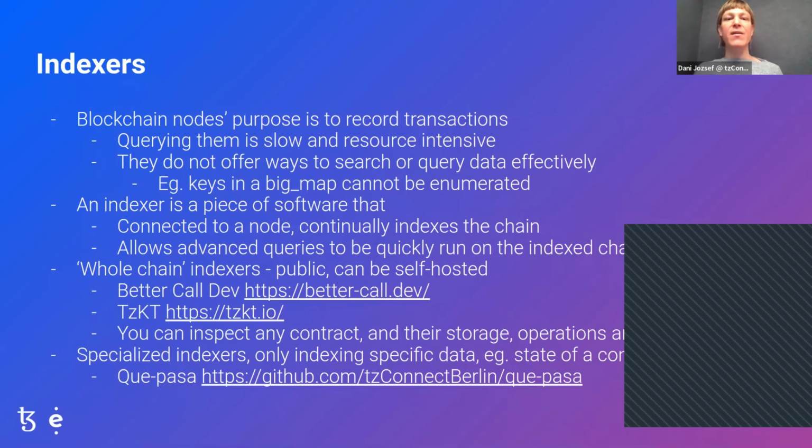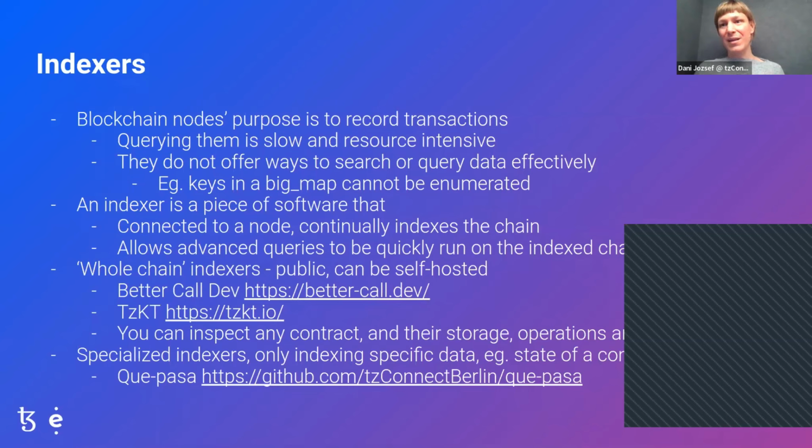So for example, if you have a big map structure, which is similar to a map in Ethereum, where you have any number of keys and you can lazy load or search values connected to them. So for example, a big map would store all the balances of a token for all Tezos addresses who hold it.